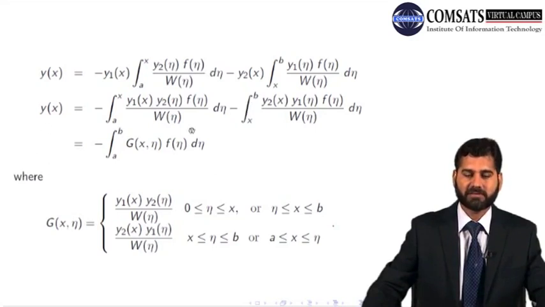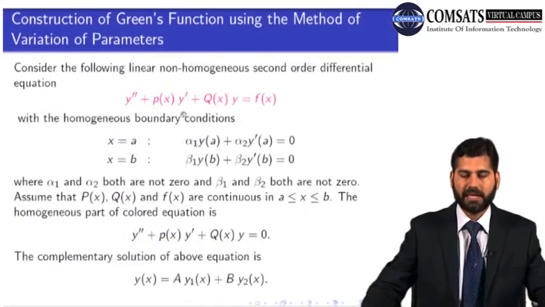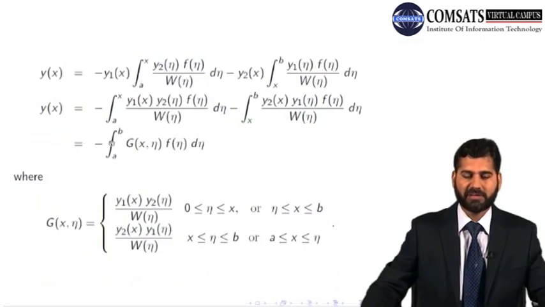But y(x) is known here because G is known and f is known, so this is your solution. It means that if the Green's function of this differential equation is known to you, then the solution of the non-homogeneous equation is very simple. It can be determined from the Green's function times f(eta) and by the integration.